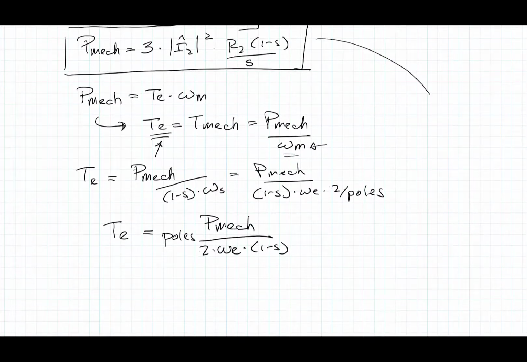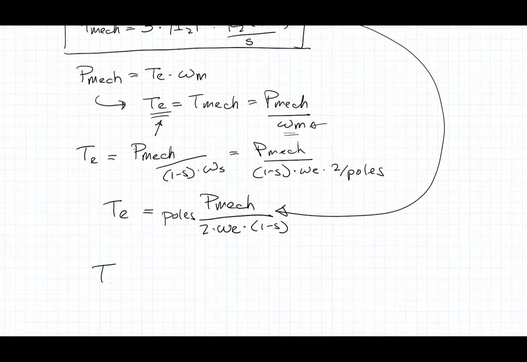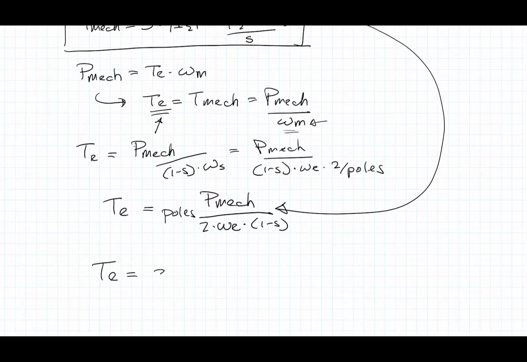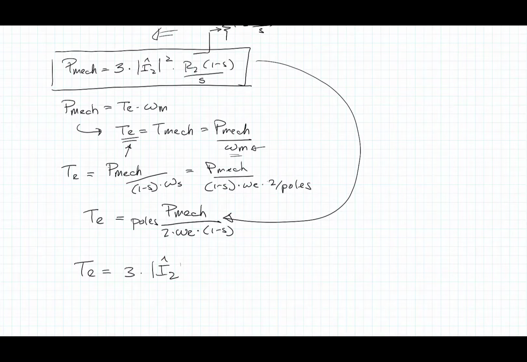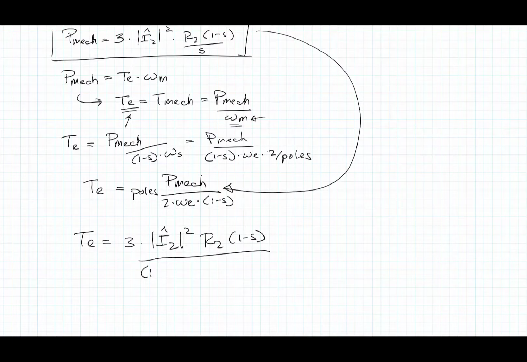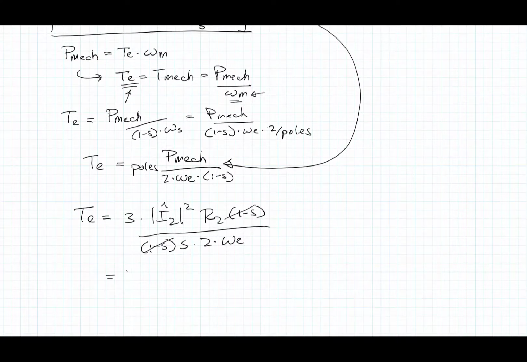So let's plug this in to that. We have 3 times I2 magnitude squared R2 (1 minus s) over 1 minus s, which is going to cancel, s, 2 omega e, or 3/2 I2 squared R2 over s omega e.